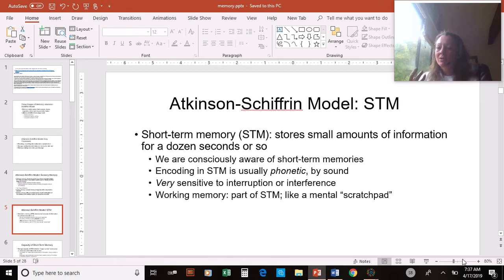We say that our short-term memory is part of our working memory, like a mental scratch pad. It's like you're taking notes, writing down the little bits and pieces that you're paying attention to. And so you can be easily distracted while information is in short-term memory.